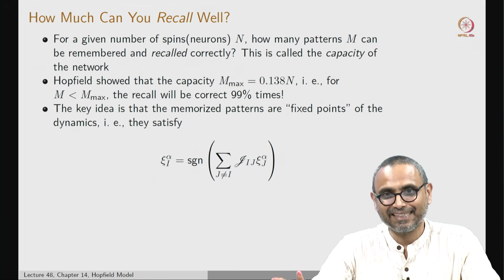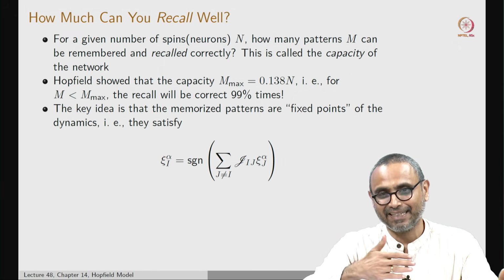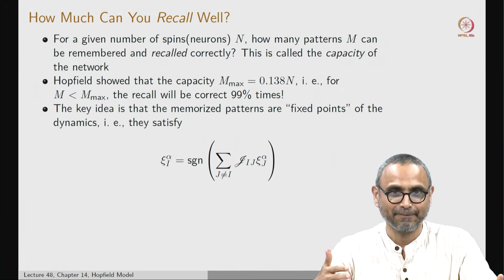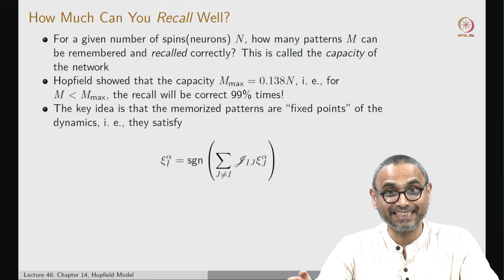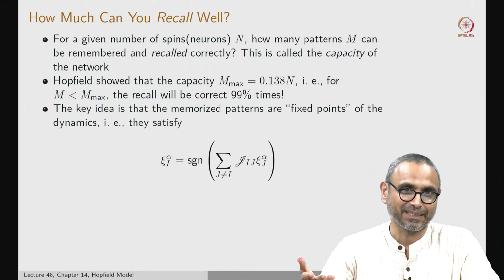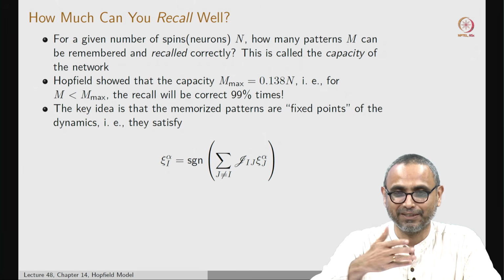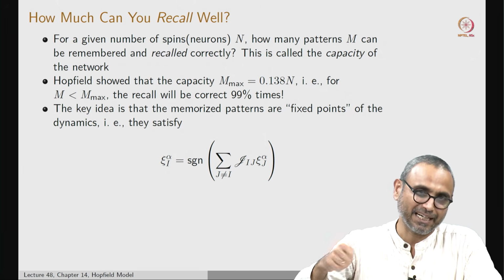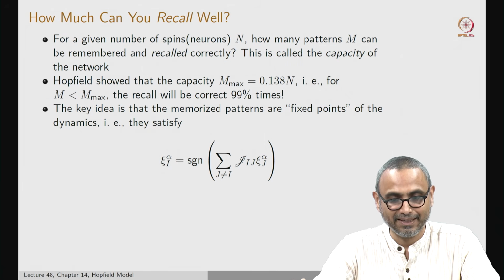What this means is that the pattern or image reached after all those steps is actually a fixed point of the dynamics. It is an equilibrium state of the dynamics we have developed, finding the magnetic field and changing the direction of the spin along that direction.